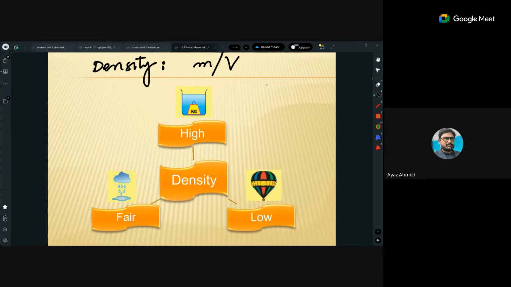Because in a specific volume, they have a lot of mass. They have a lot of atoms inside. For the same volume, the number of particles for solids is more than that of liquid. So for the same volume, solids have high density, that is, more mass would be accumulated.